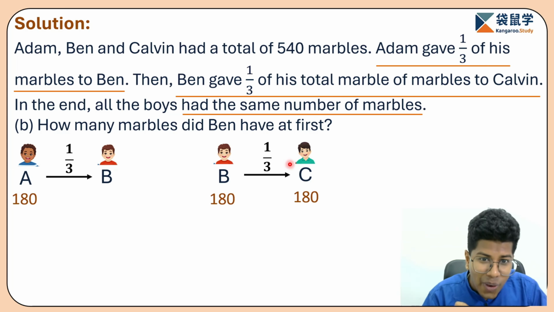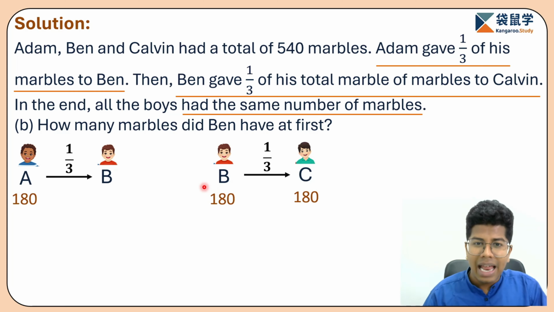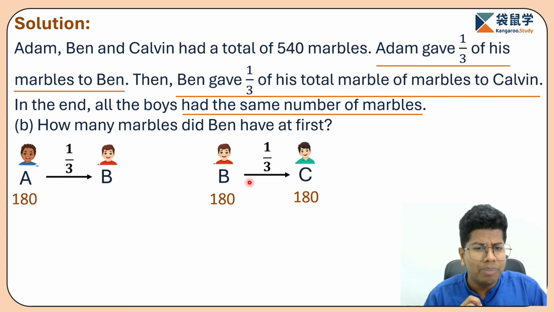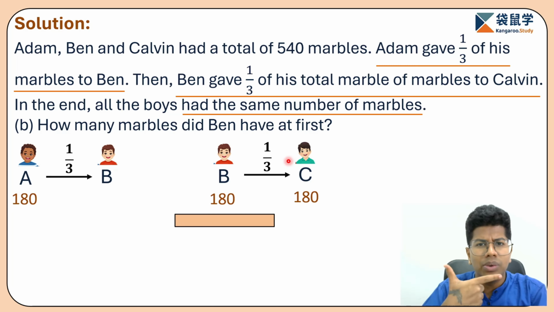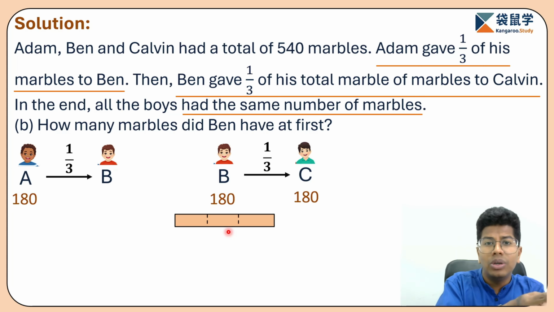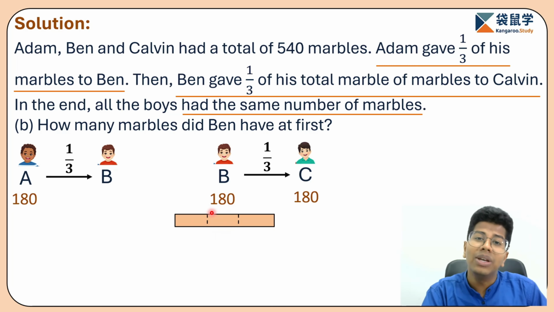So from the final change, from right, you can work all the way back because you know how the process is. If you try working backwards, between C and B, I know B gave 1/3 to C. If I represent using a model, it is 1/3. This means the model is divided into how many parts? Of course 3 parts, and 1 part is given to C. So these 2 parts represent how much value?